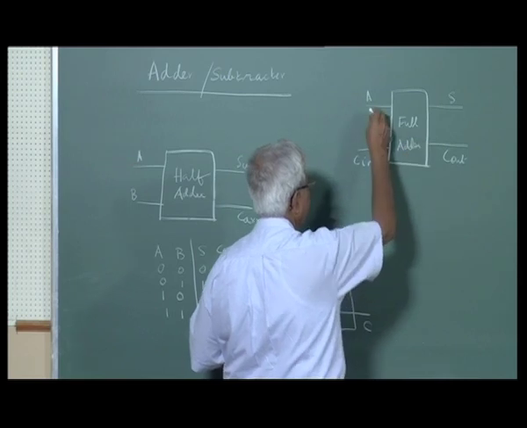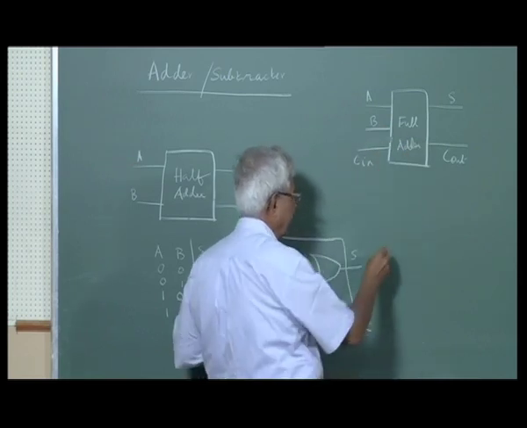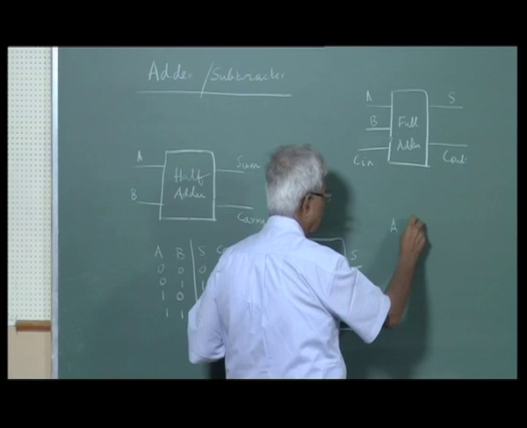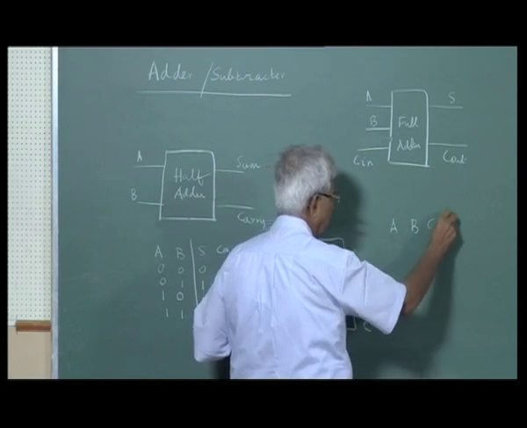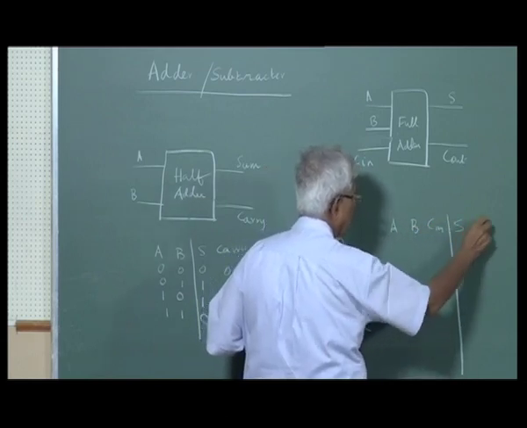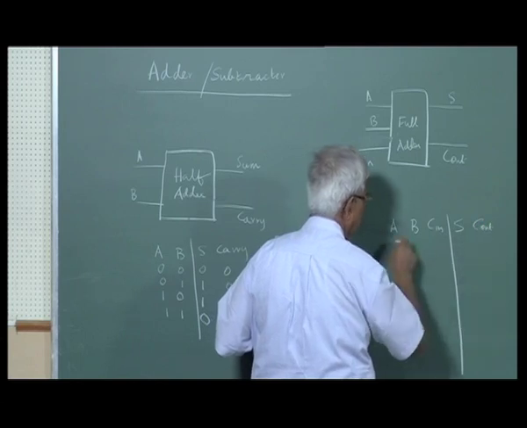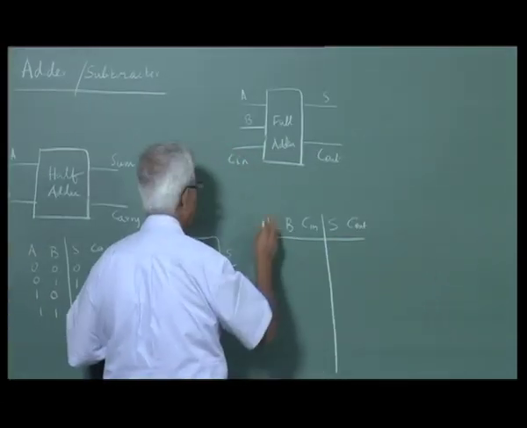In a full adder, I have 3 inputs and 2 outputs, so my truth table will have 8 rows. This is my truth table.